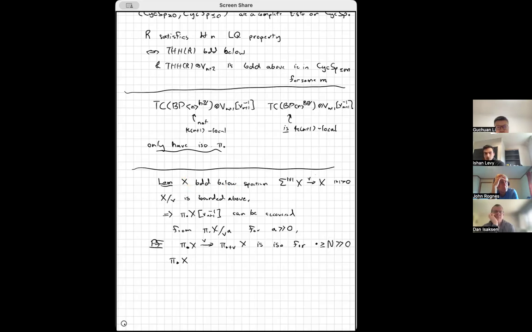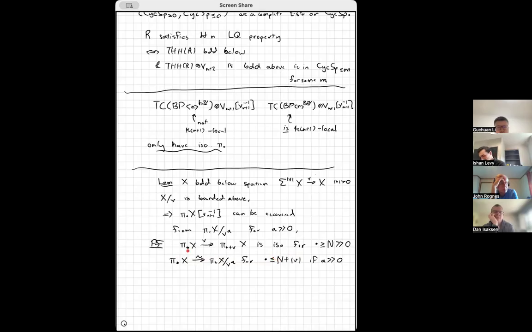And that, plus the fact that v is positive degree, will tell you that when you take pi star of x and look at the map to pi star of x mod v to the a, just because v to the a has too high degree, this is an isomorphism for, let's say, star at most n plus the degree of v, if a is sufficiently large. So you can just make a as large as you want, such that this will be an isomorphism in any finite range of degrees. And so in particular, you can make it in this range of degrees.